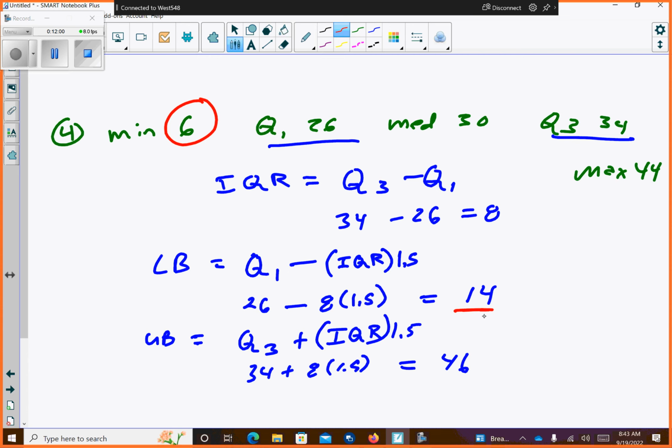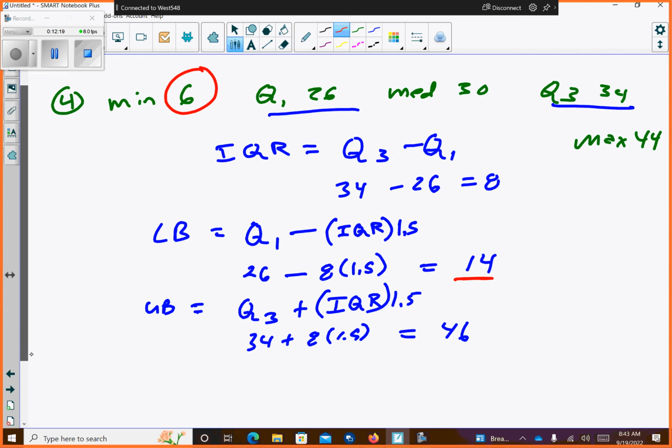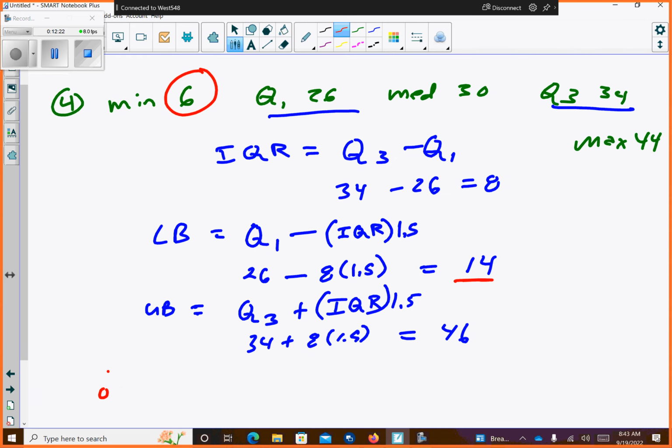But you can't construct a modified box plot because we can't see, well, okay, so let me try this. I'm going to try it, and I'm going to show you why it's not going to work. So if I had 6 here, which is an outlier, then I have this. So I know that this 44 would work as my max, and that checks because it's not an outlier there.